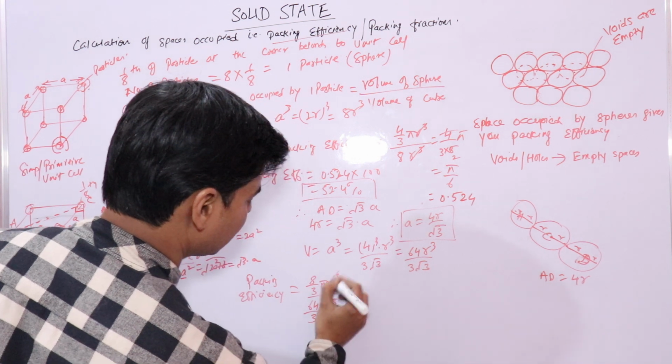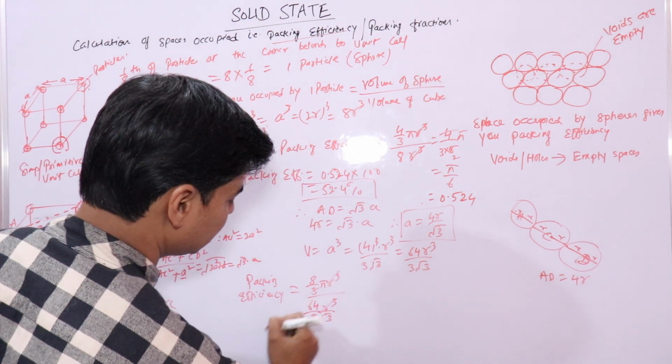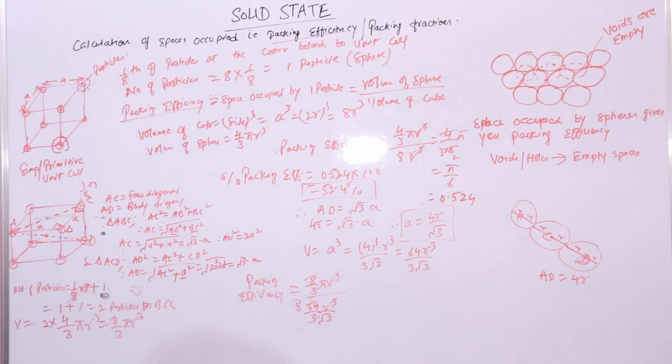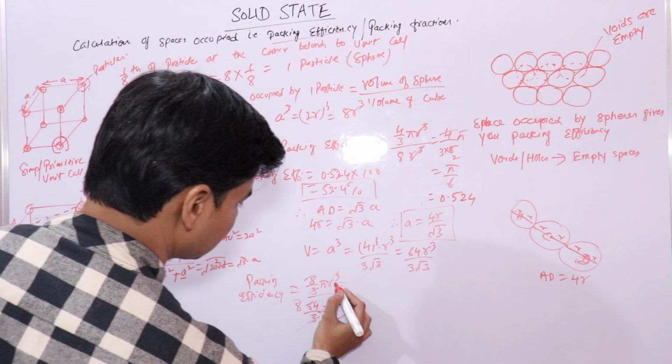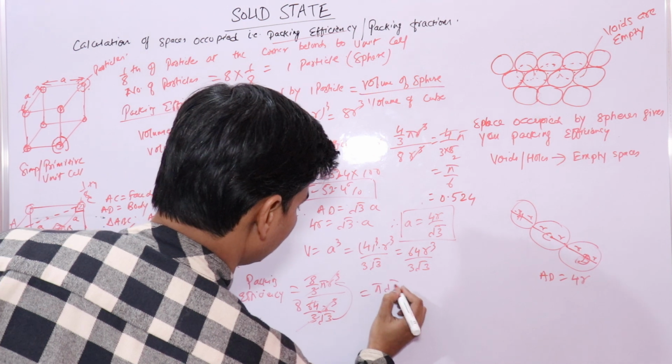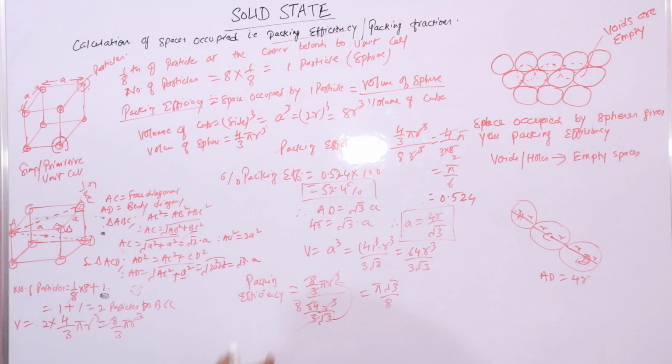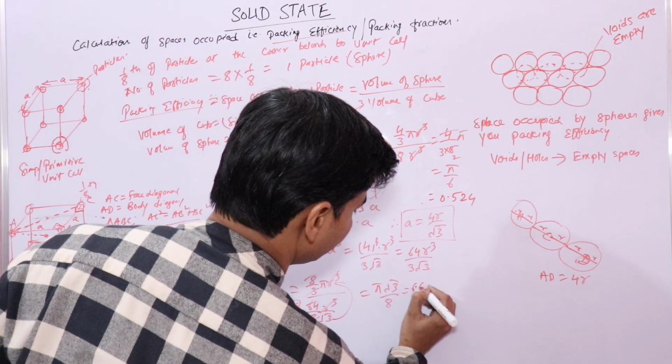So r and r will get cancelled, 3 by 3, 8 is 64, right. So what you get is pi root 3 upon 8, right, this is the packing efficiency in case of BCC, and this will come out to be 0.68.